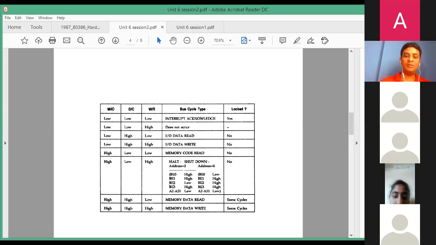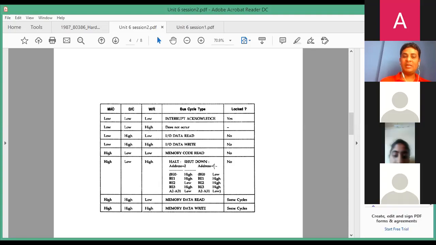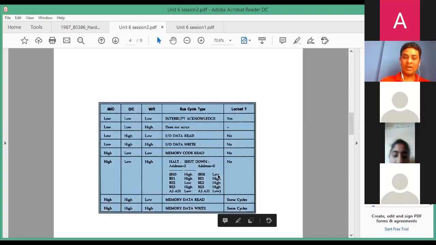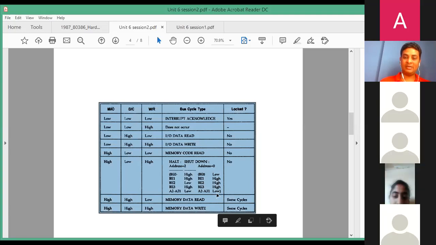BE is a set of pins known as bus enable. These pins are set to high, high, low, high, and the remaining A2 to A31 are set to low, when the address is 2, and that is known as halt. When the address is 0, the pins are low, high, high, and high, and the address is low. When the address is 0, the situation is shutdown.